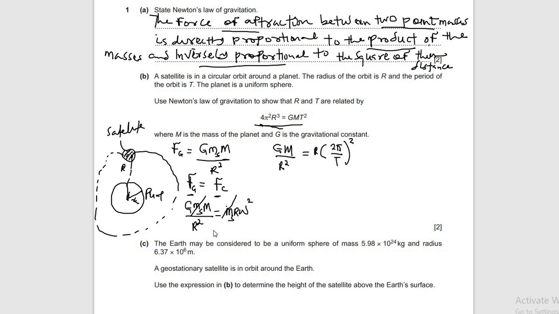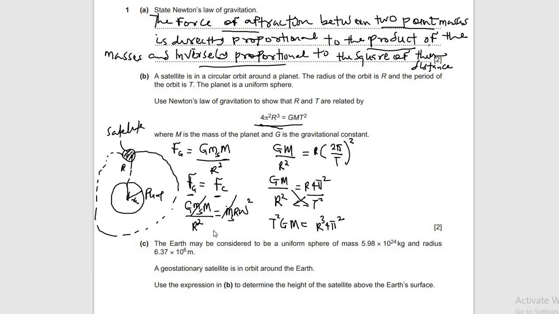So we have GM over R squared equal to R times 4π squared over T squared. By the time you cross multiply, what do you have? T squared GM equal to R cubed 4π squared. When you cross multiply, this is the relationship we were asked to show.